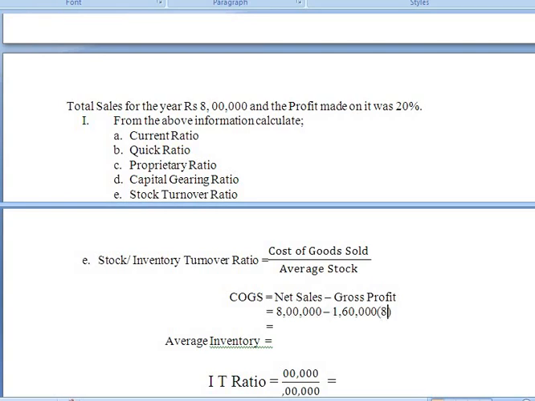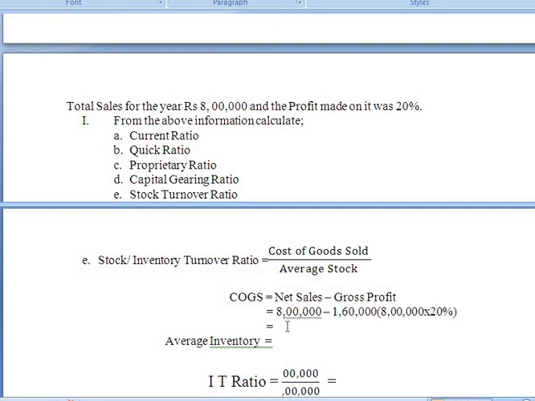So amount of net sales is rupees 8 lakh. So 8 lakh into how much is the percentage? 20%. So how much is it? 1,60,000.